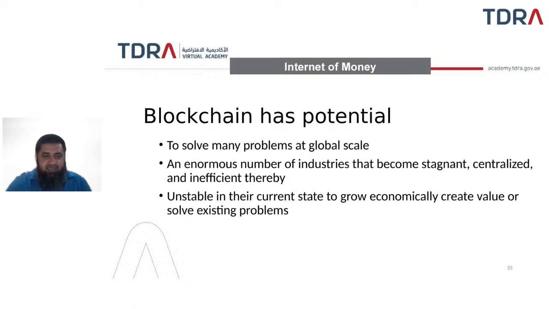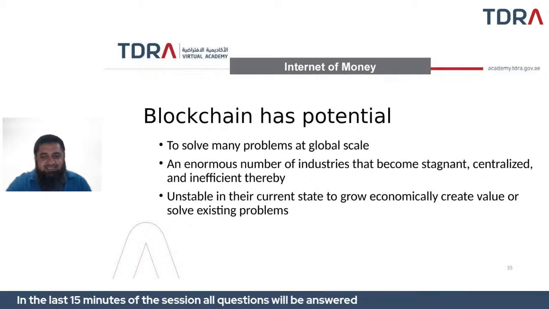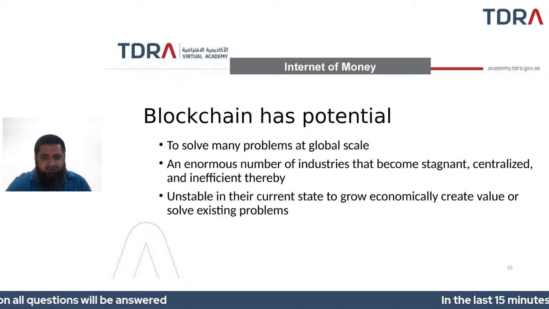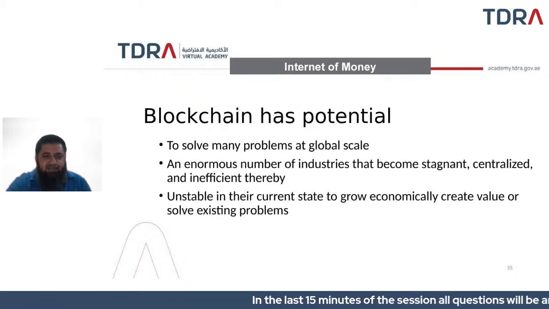There is an enormous number of industries that have become stagnant, centralized, and inefficient, and are thereby unable in their current state to grow economically, create value, or solve existing problems. For example, in retail, the biggest problem for the customer or the buyer is the reliability of the product and the reviews.